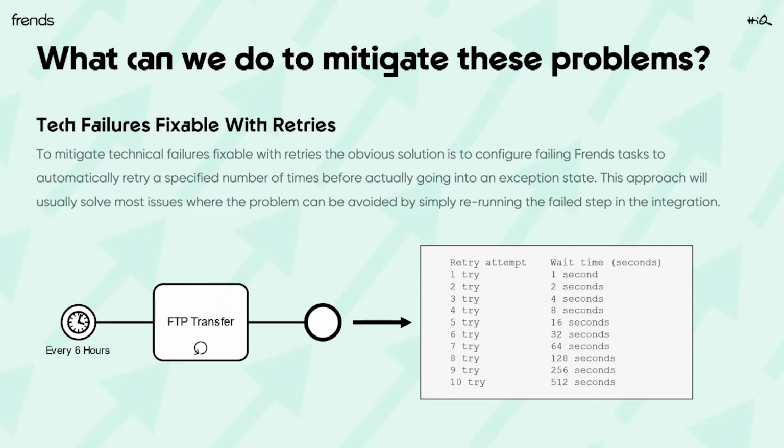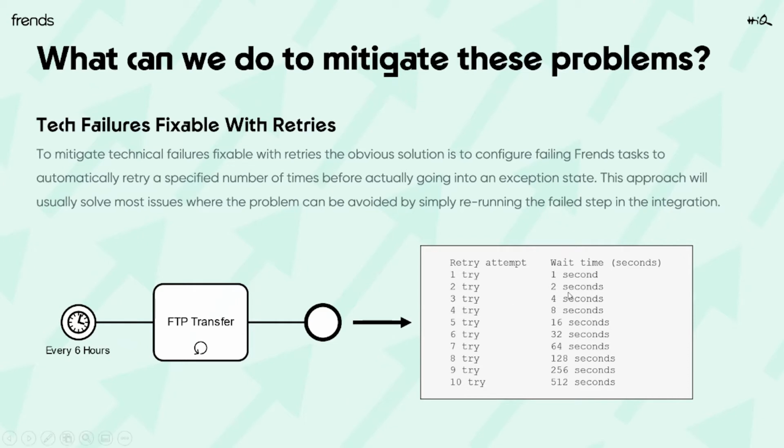And if we enable this retry functionality for a given Friends task or a portion of the process, what that means is that we can choose how many times that functionality should be retried with exactly the same configuration before actually going to that exception state.